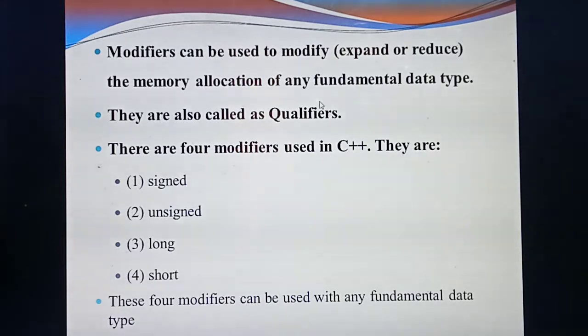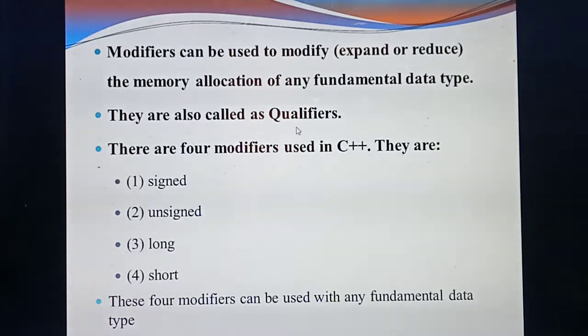Among these data types, for any one of them, the memory storage allocation you can expand or reduce. That one we call modifiers. Understand? The other name of modifiers is qualifiers. Important question, please mark it: the other name of modifier is qualifiers.